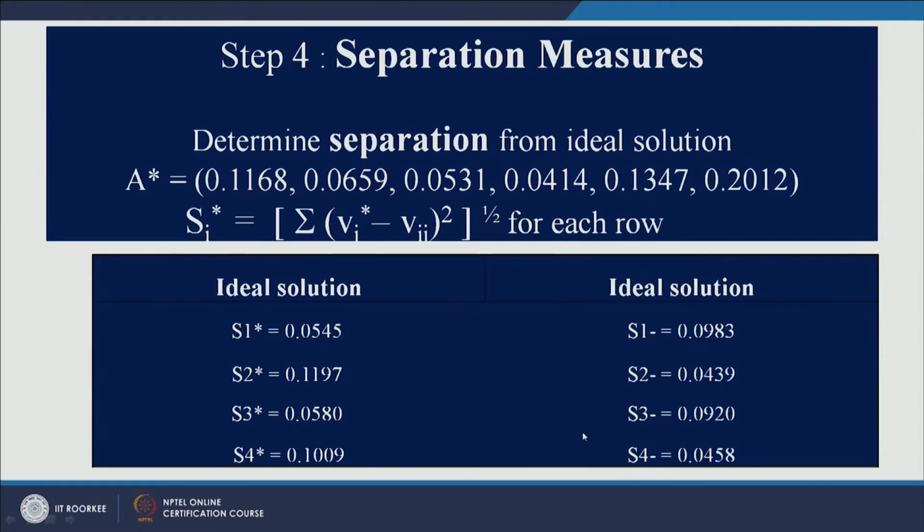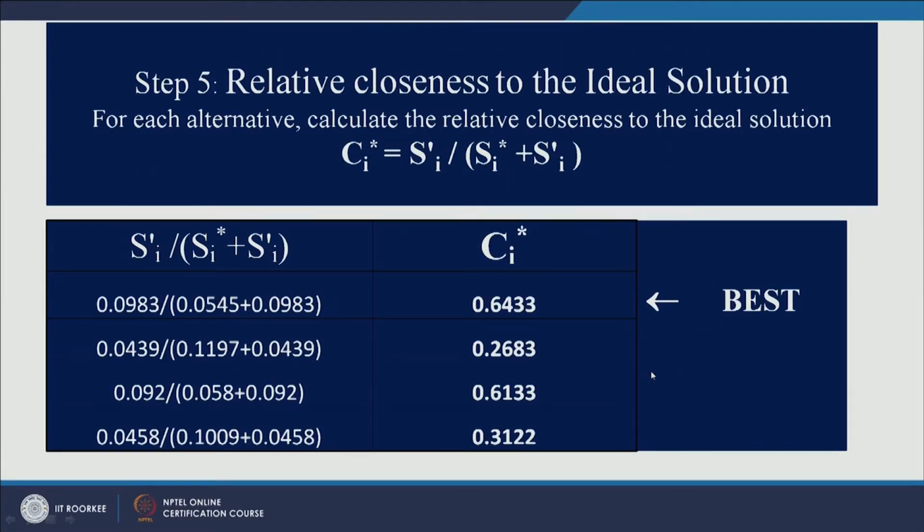Then you calculate the separation measures for the ideal solution as well as for the negative ideal solution. Then finally calculate the relative closeness value. As far as this particular question is concerned, the highest closeness value is 0.64.